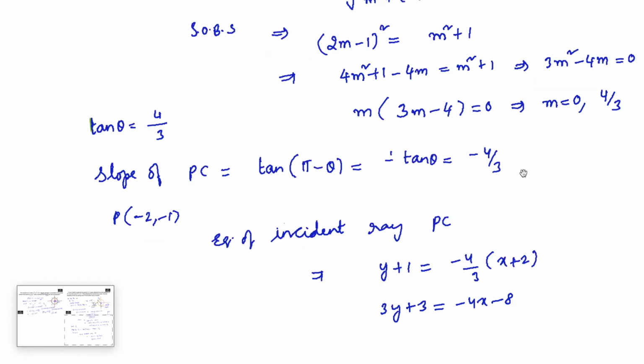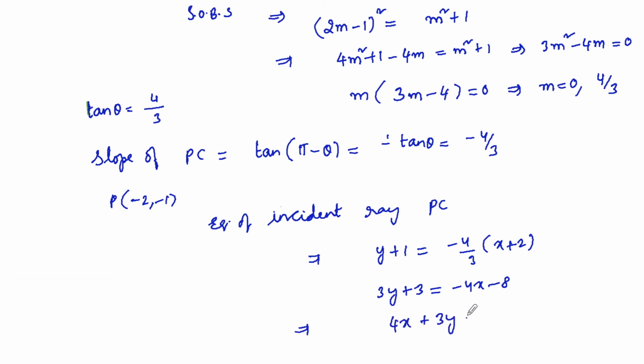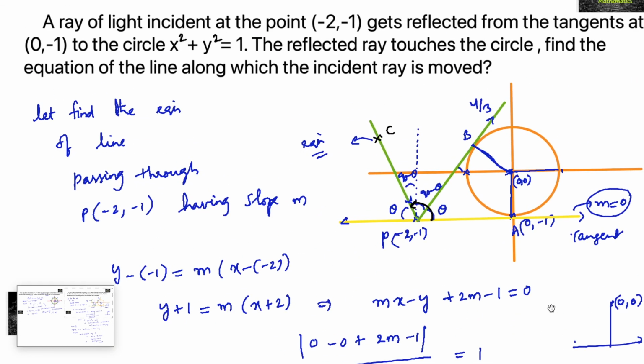Which implies 4x plus 3y plus 11 is equal to 0 is the required equation. It's the equation of the incident ray, that is PC.